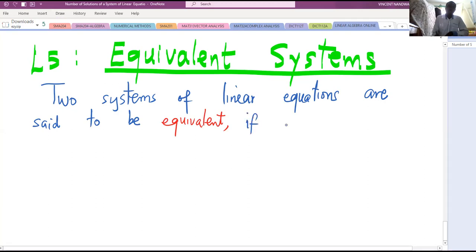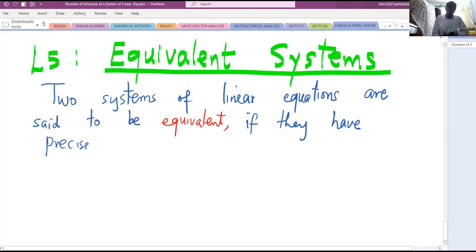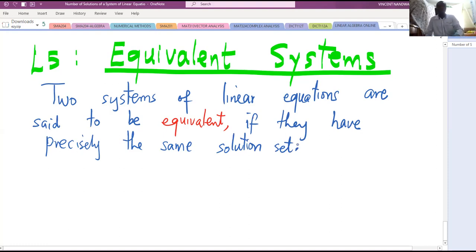That is the definition of equivalent systems: systems which have the same solution set.